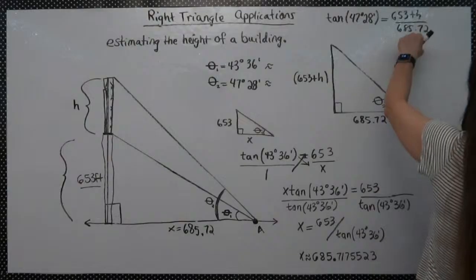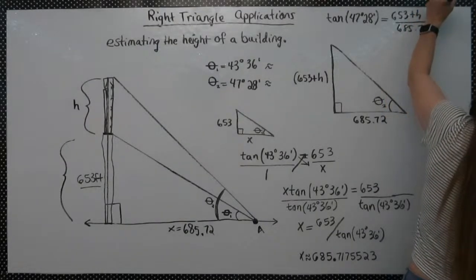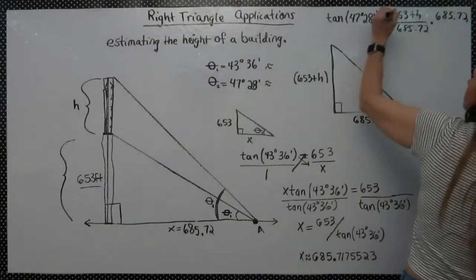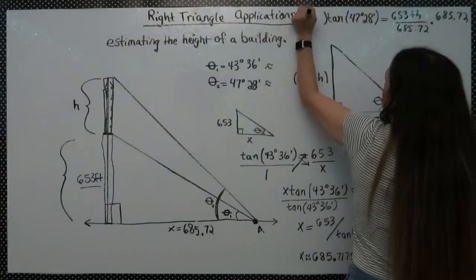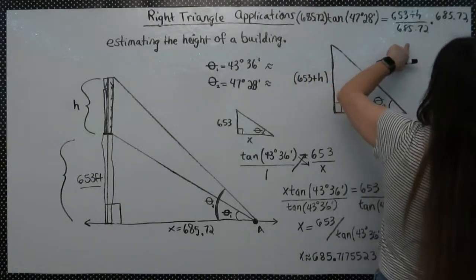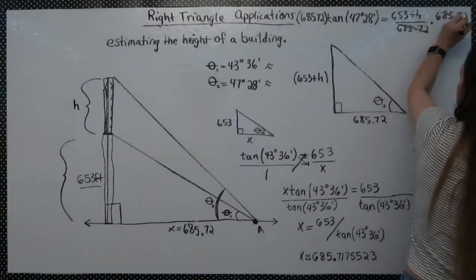So we're going to multiply this quantity by both sides, 685.72. And then this is going to cancel.